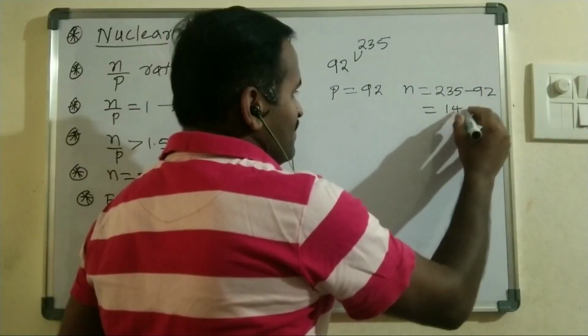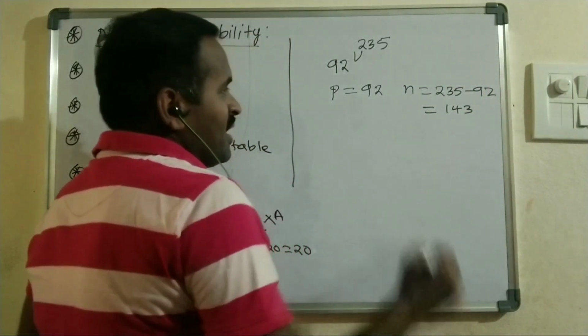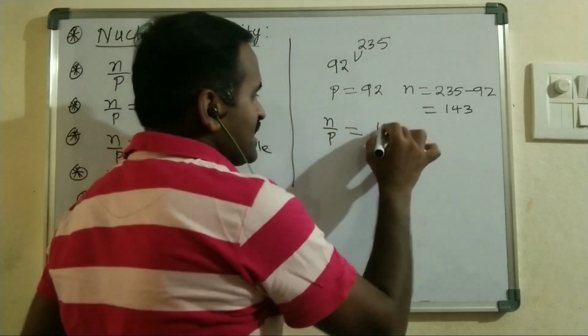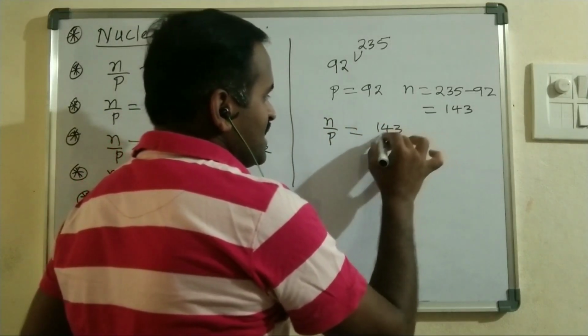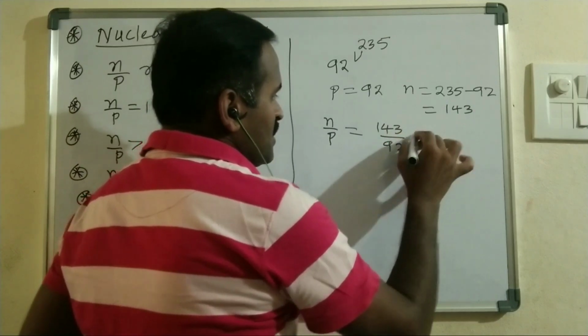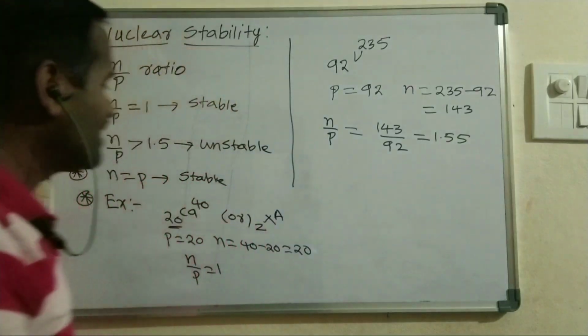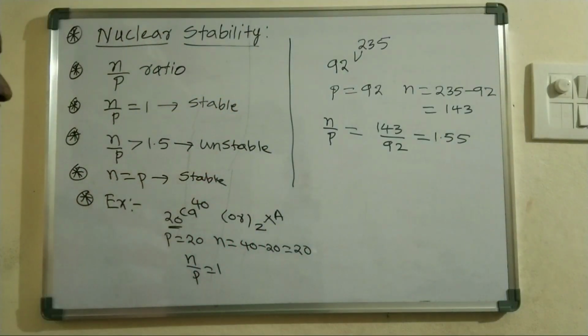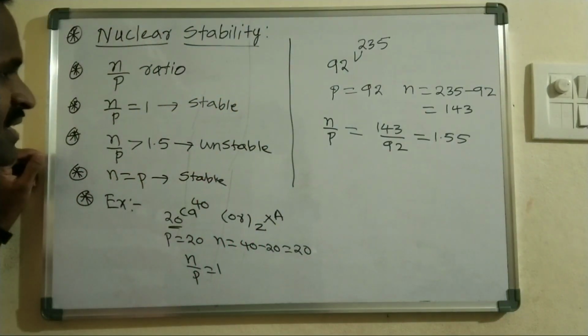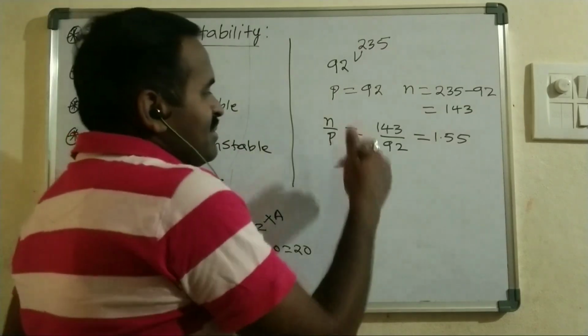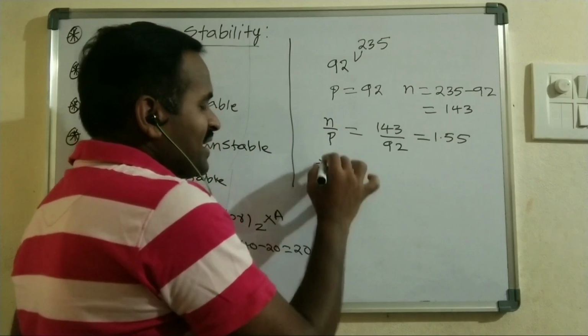From this you will get 143, and here n by p is simply 143 by 92, and you will get 1.55, which is greater than 1.5, so it is highly unstable. Immediately it emits radiation, and such an element is a radioactive element.